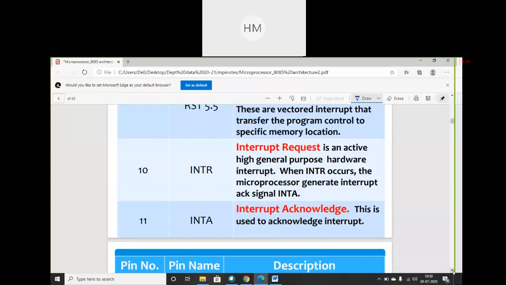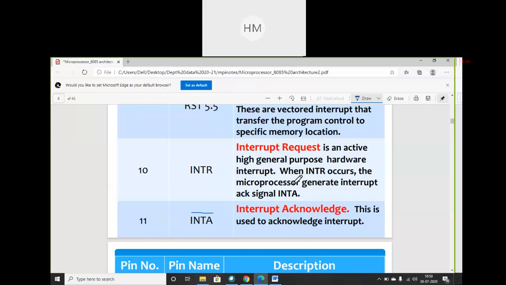Next signal is my INTA bar. This is a bar signal. INTA bar, so interrupt acknowledgement. As soon as I receive an interrupt signal, this pin is high, the microprocessor will come to know that there is some interrupt. That means I have to stop execution of my current program and the control is to be given to some other program.